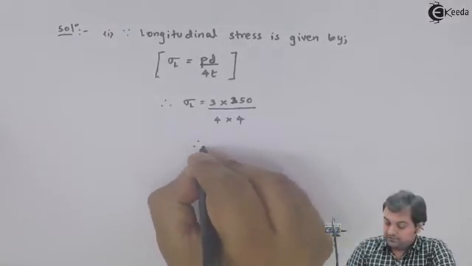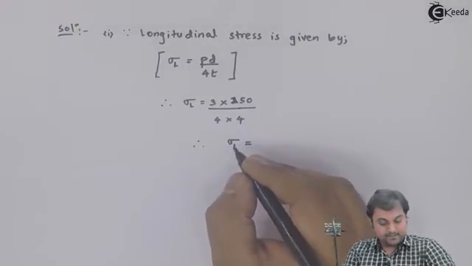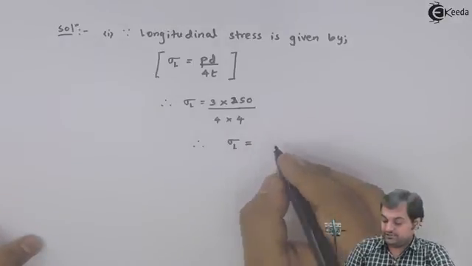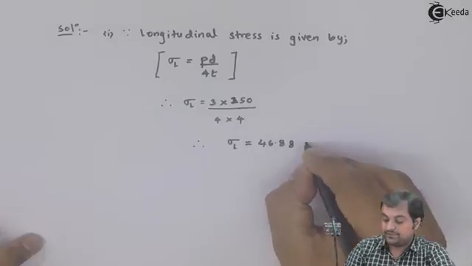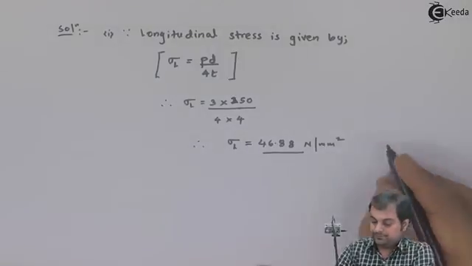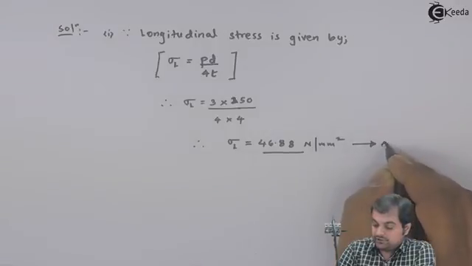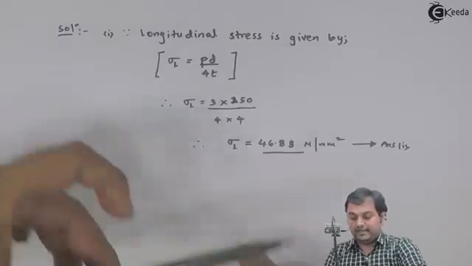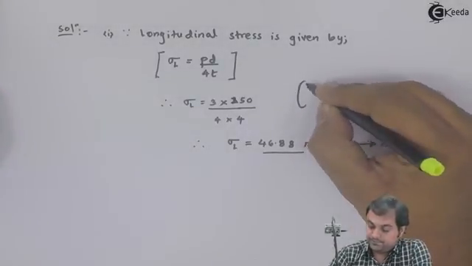So if I calculate from this, I will get longitudinal stress as 46.88 Newton per mm square. This is the continuation of the problem. So here we have the first answer of longitudinal stress. And here I can show you in the diagram how longitudinal stress will break the cylinder.